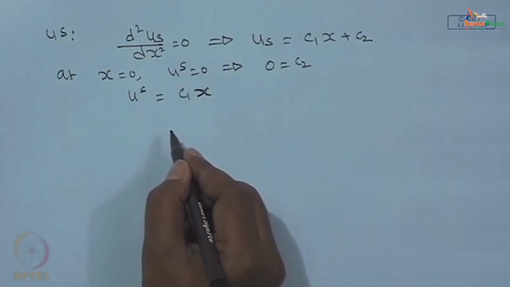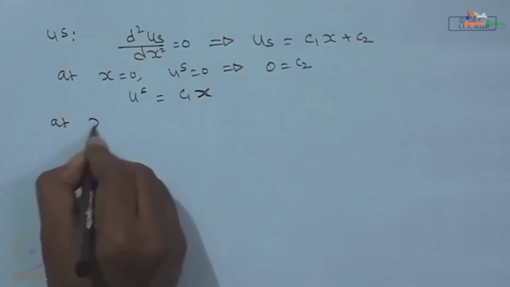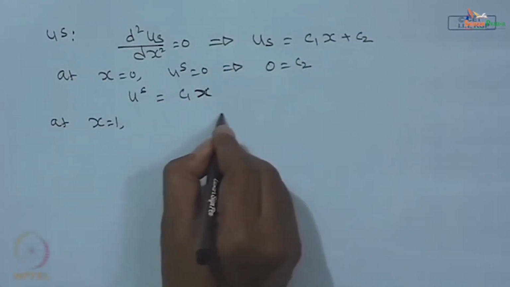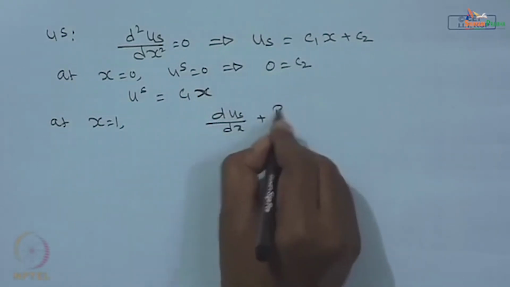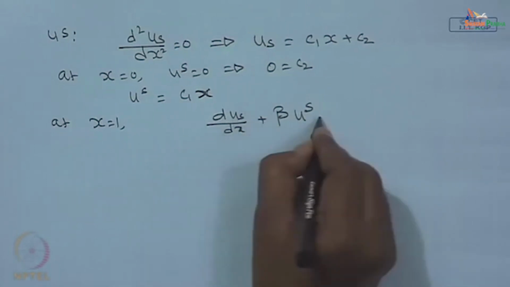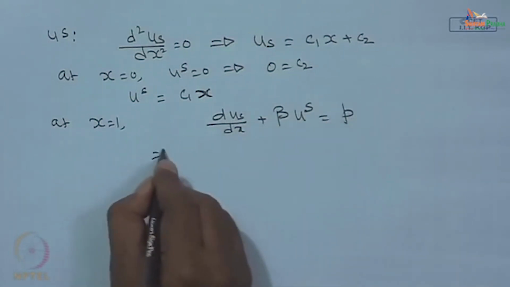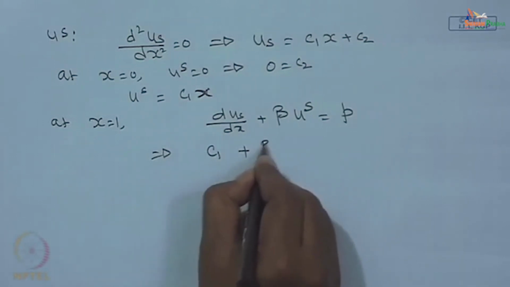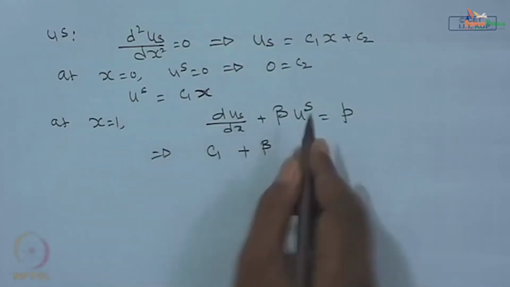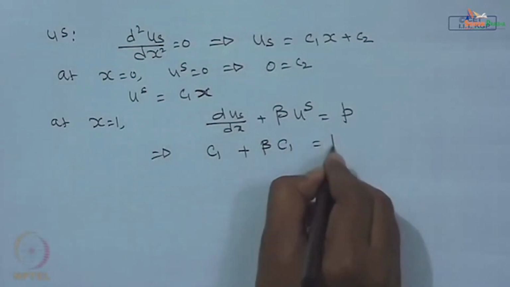Now, let us put the other boundary condition at x is equal to 1, d u s dx plus beta u s is equal to p. So, d u s dx is nothing but C 1, plus beta u s evaluated at x equal to 1, so that is also C 1 is equal to p.